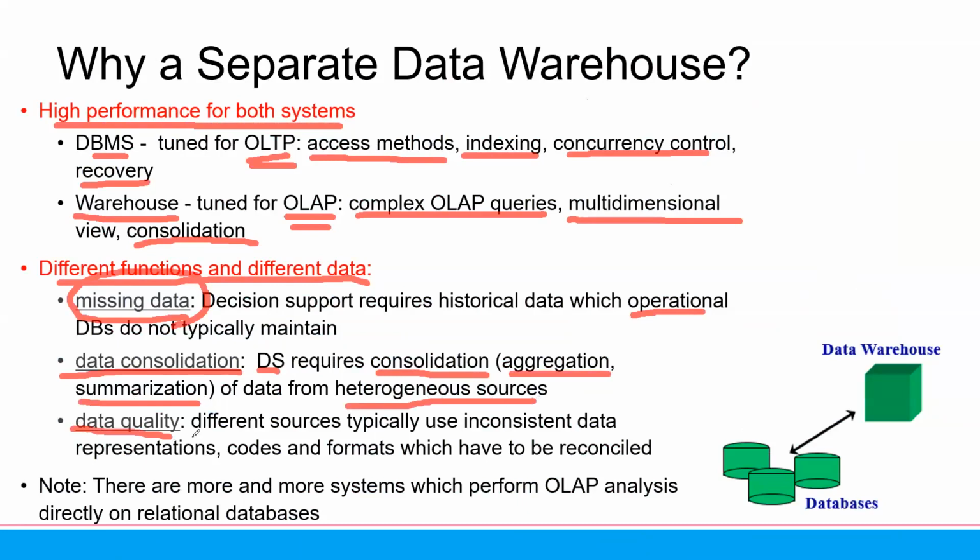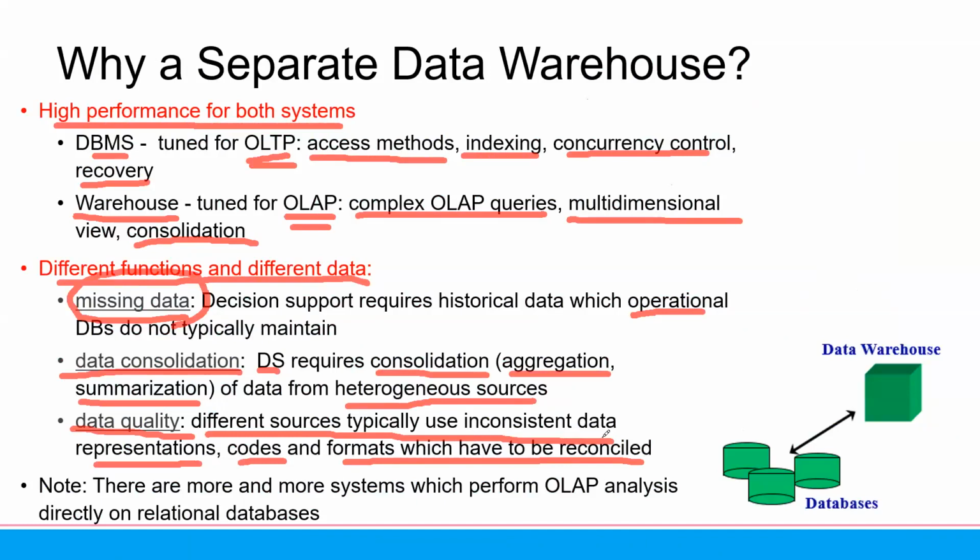And data quality. Different sources typically use inconsistent data representations, codes, and formats, which have to be reconciled. Foreign websites usually have no consistency. Sometimes they want you to input the address with the road name, but sometimes they want the input with the DOM.